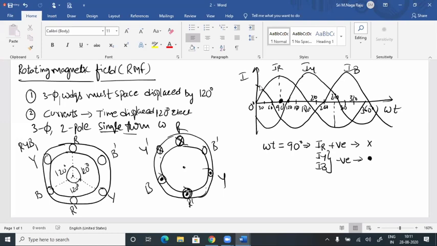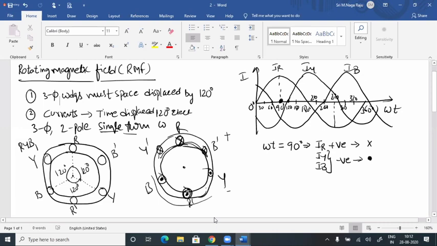If B is negative, B dash is positive. Now see, in this portion, we will have some conductors, Y dash, R and B dash. The conductors in this region have the current direction of positive. The conductors in this bottom region have the current direction of negative.